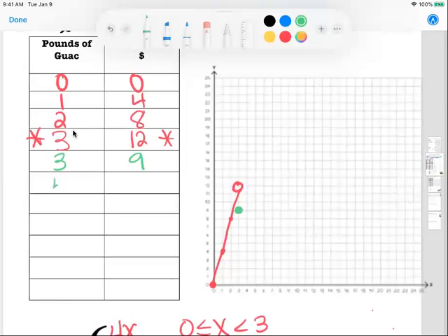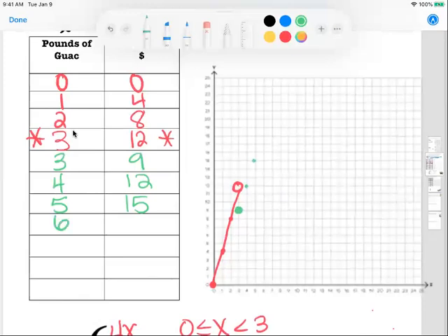All right, what if I bought 4 pounds? 3 times 4 is 12. If I bought 5 pounds, it would be 15. So 4, 12, 5 is 15. Okay, how about 6?